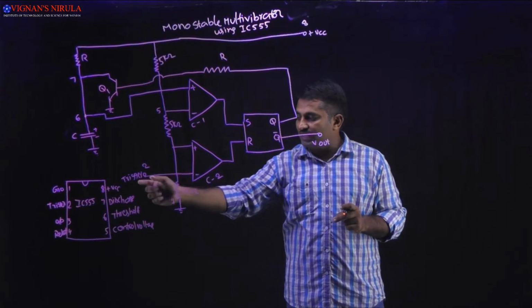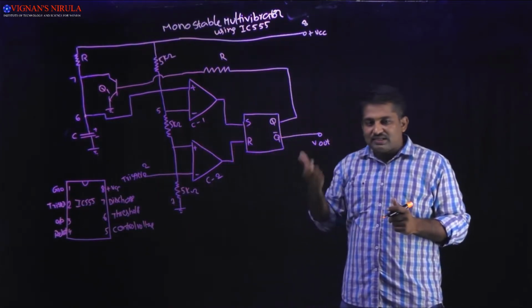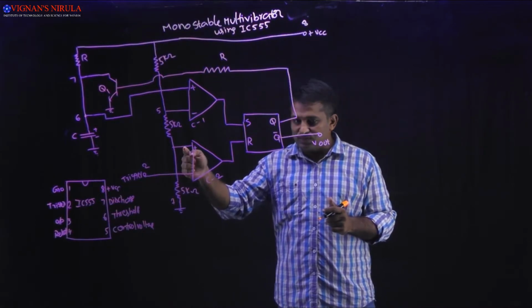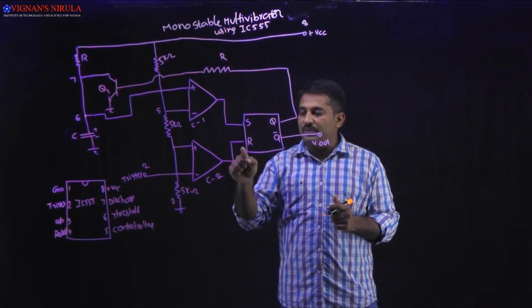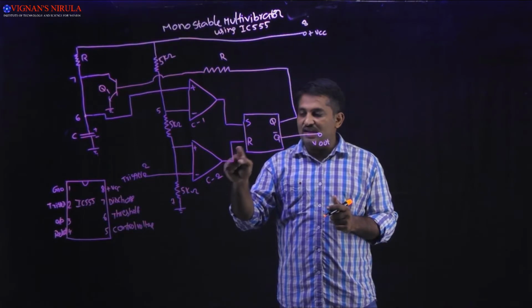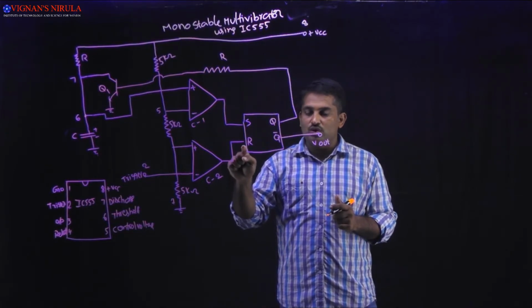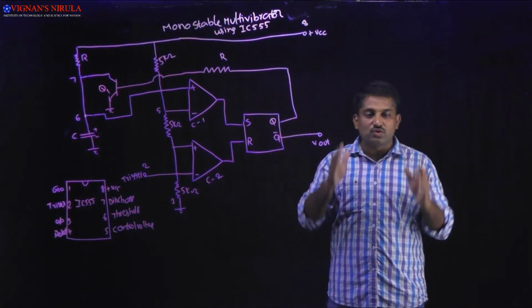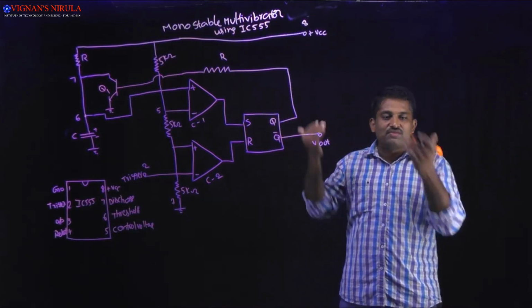Now, if you apply the trigger pulse and this trigger is greater than this voltage, then you get minus Vsat, that means 0. So if S is equal to 1, Q is equal to 1, that means you are maintaining the previous state.